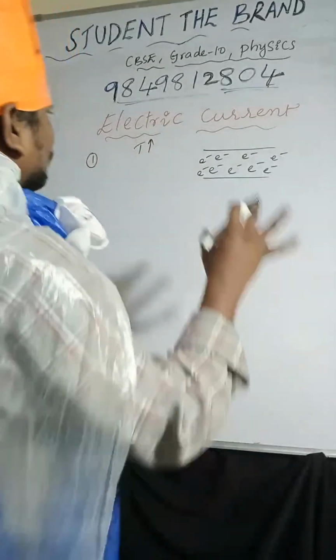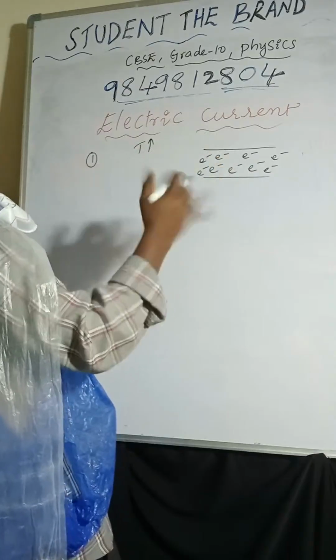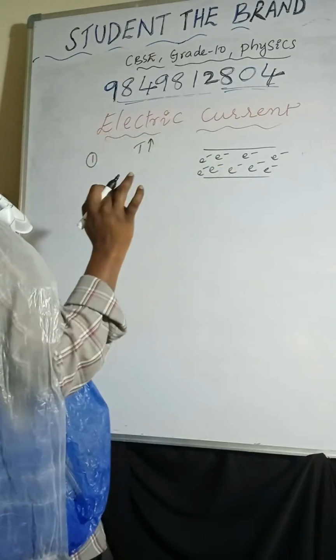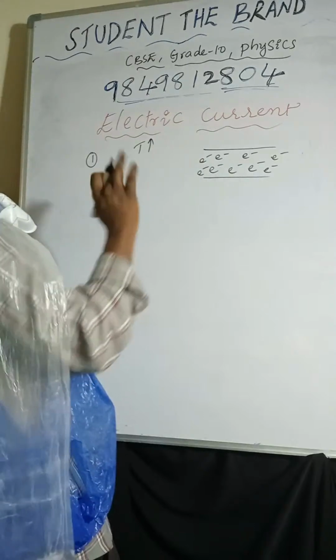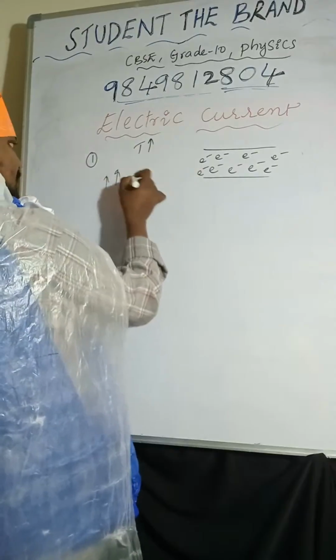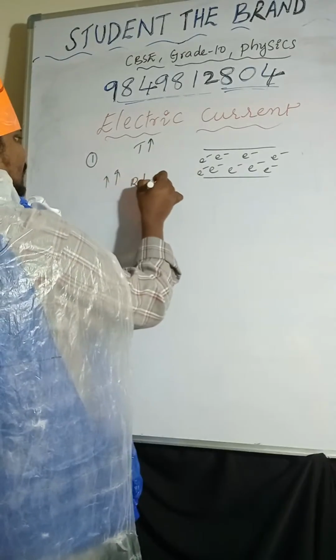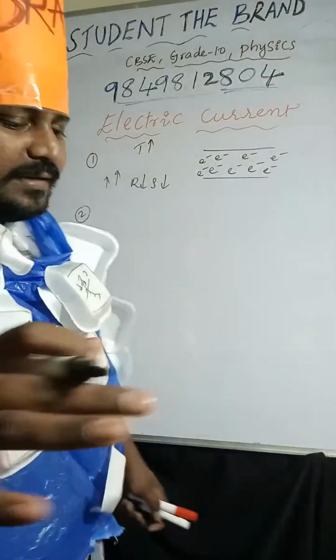Okay. So what happens when electrons are moving with a higher amplitude? That time conductivity increases, resistance and resistivity decreases. So two things will happen at a time. I am discussing one by one.